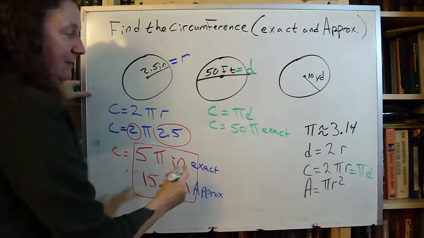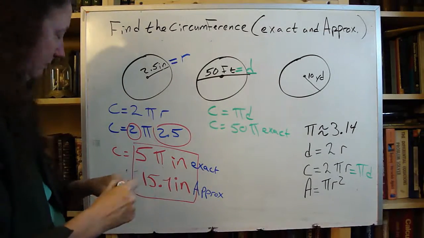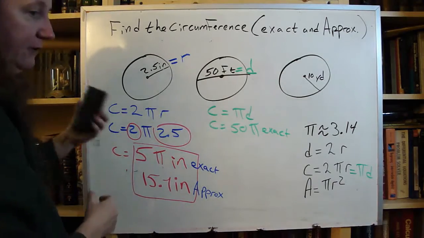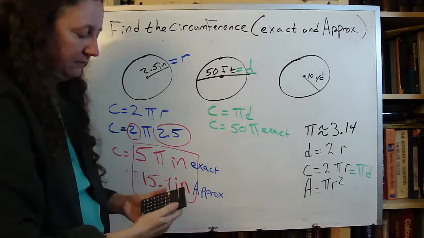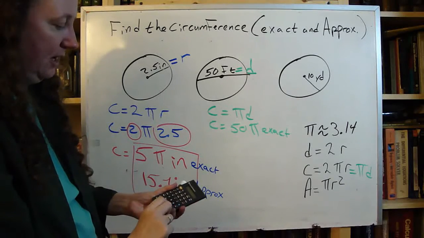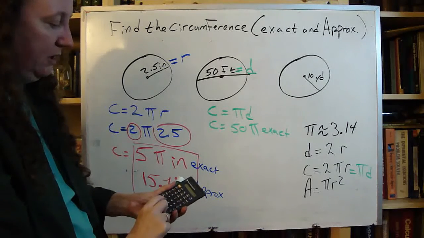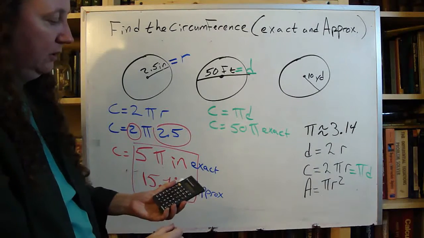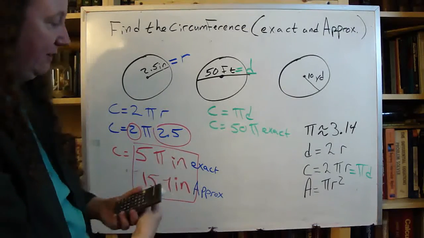Figuring out what that 50 pi is as an approximate answer, I have to use my calculator again. So 50 times 3.14 equals 157.